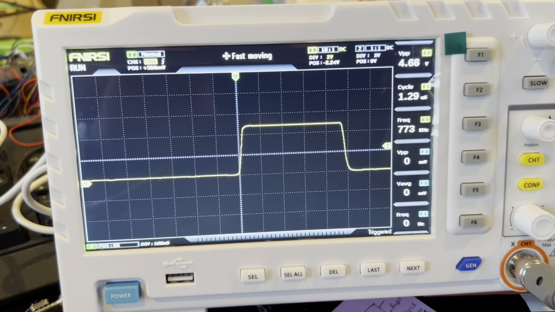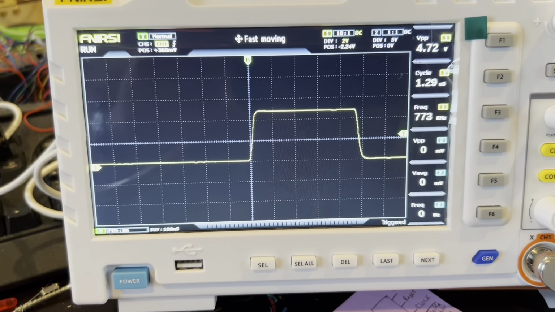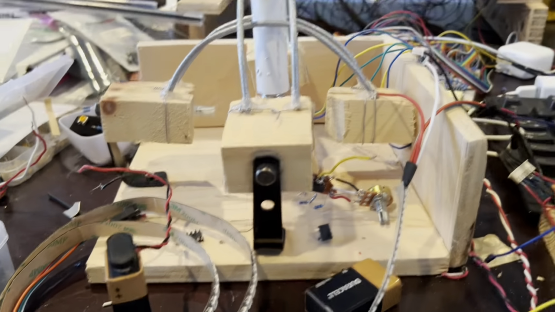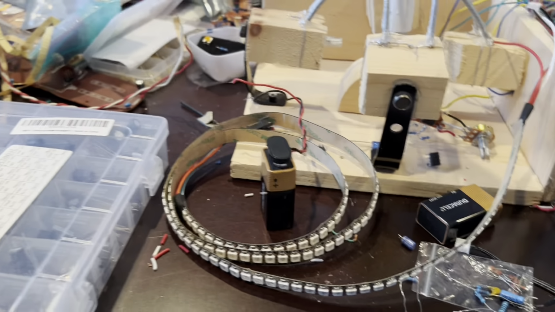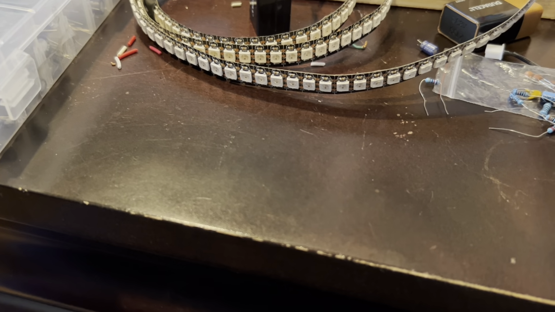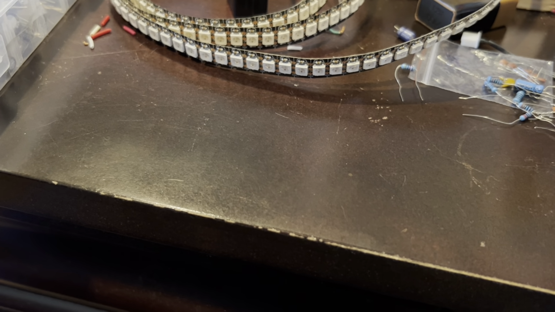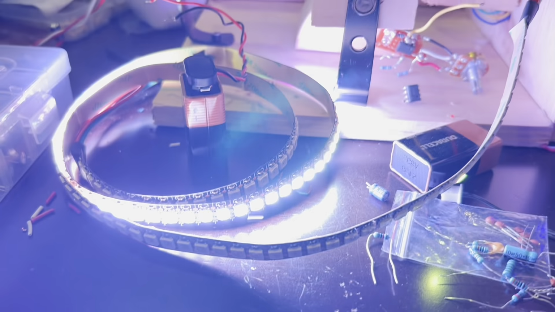And there it is. That one measures about 600 and change. So that is the high pulse. To test it out, all I have to do is touch the input of the LEDs to that, and it should light up the whole thing.